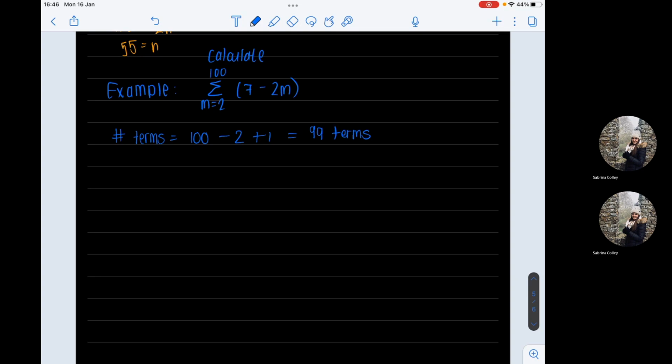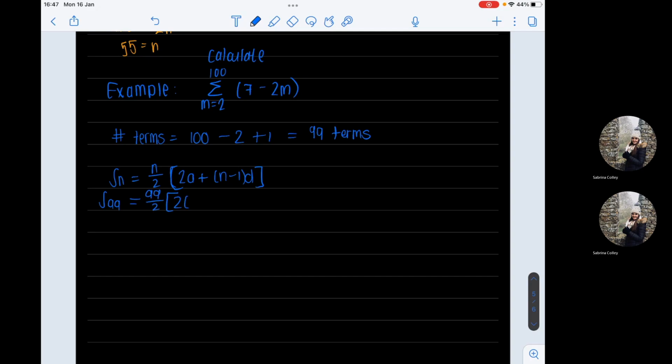Now if I use my formula, Sn is equal to n over 2, 2a plus n minus 1 d. My n would be 99 terms.